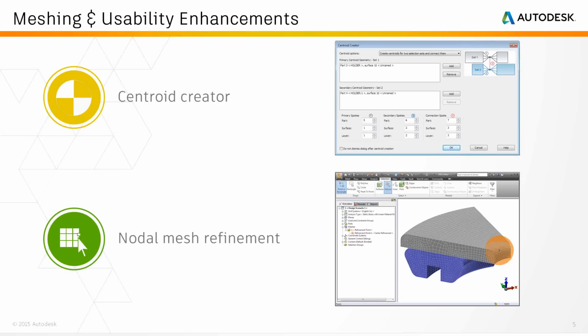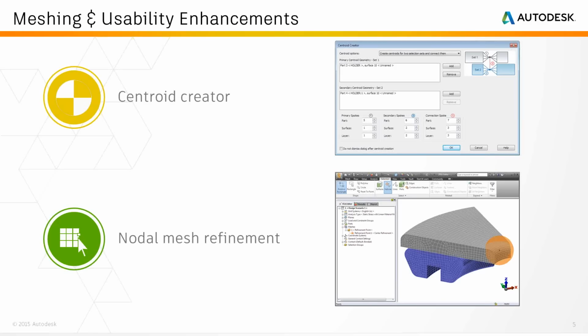Whenever they created surface or edge-based refinements, those line items automatically got added to the browser. Nodal-based refinement points never were included in the browser, and therefore it was very difficult to select and edit or delete them from the file.